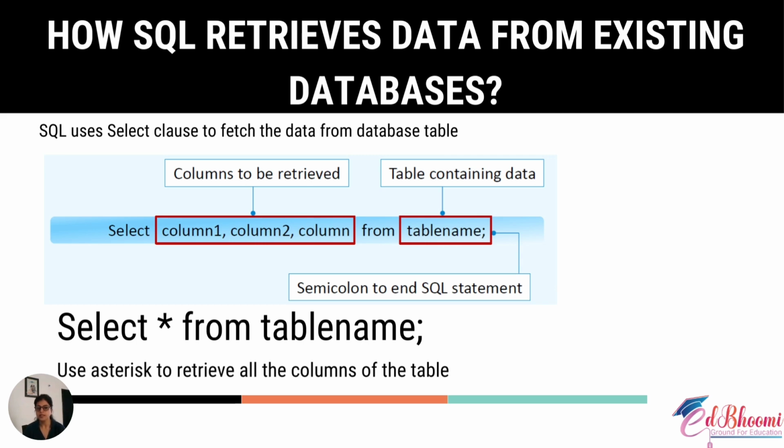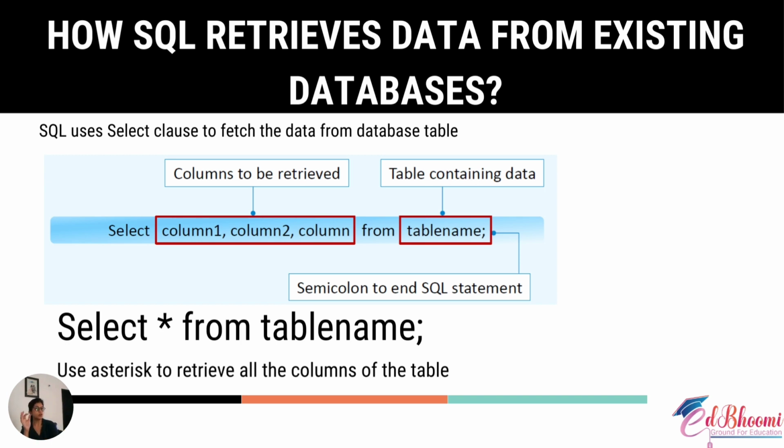What you have to write is SELECT, then whichever column information you would like to fetch, column 1, 2, 3, whatever column names you have given in the table, FROM table name, and the semicolon is used to end the SQL statement.